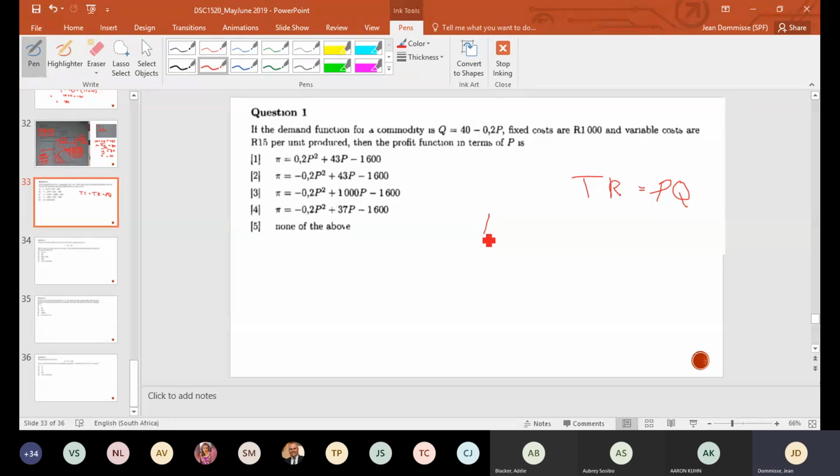Okay, so let's quickly do that. Profit is equal to total revenue minus total cost. So total revenue is P times Q, and we know what Q is.